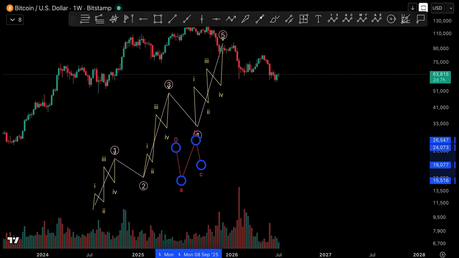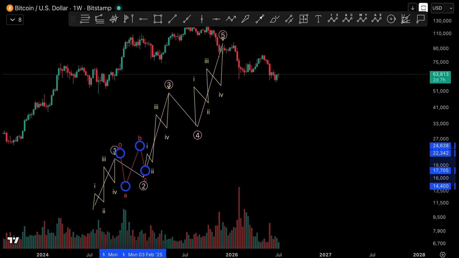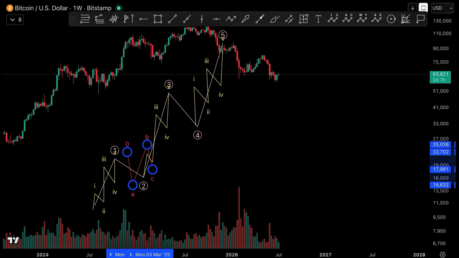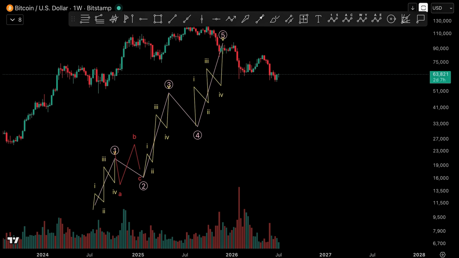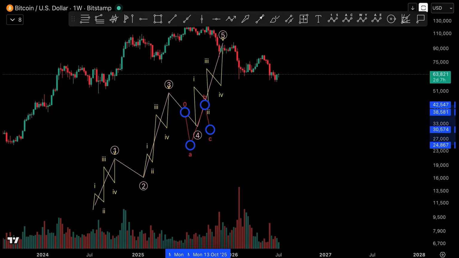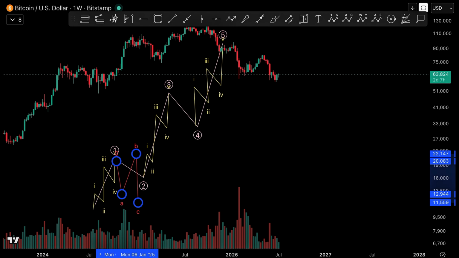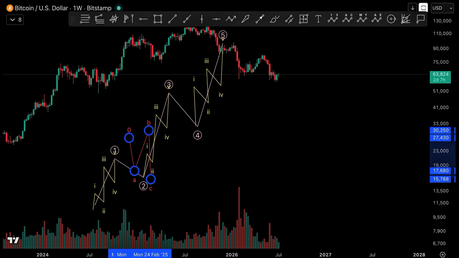So these could happen here on the second wave or on the fourth wave. Let's say we get a running flat over here. This could not repeat the same on the fourth wave. It could be an extended flat here. So the market doesn't do the same moves, or it cannot repeat the same moves within this one impulse.